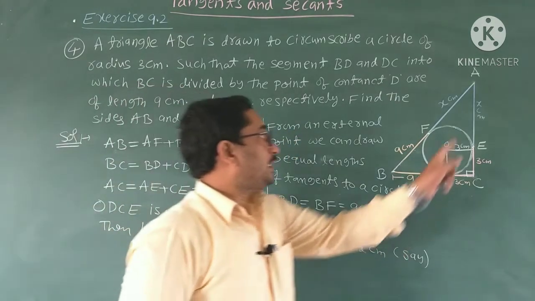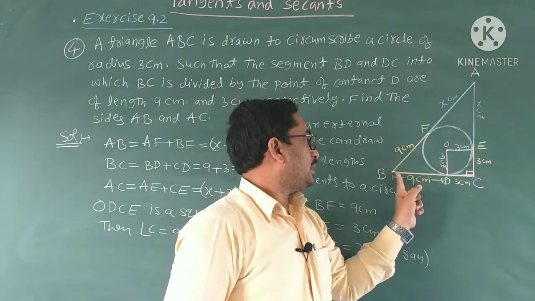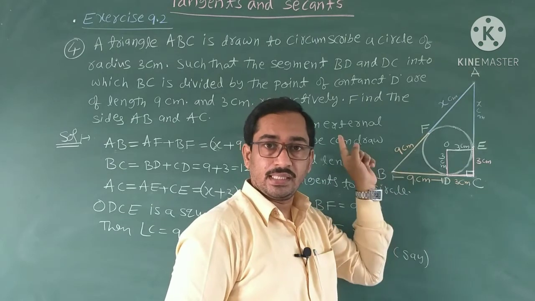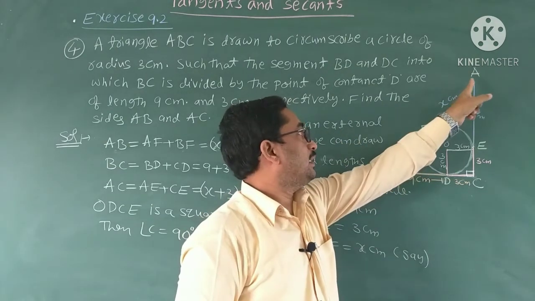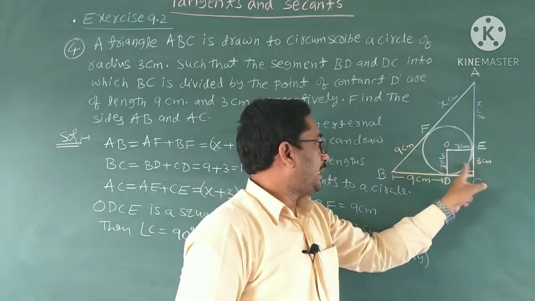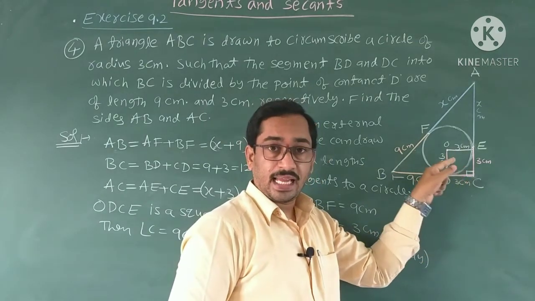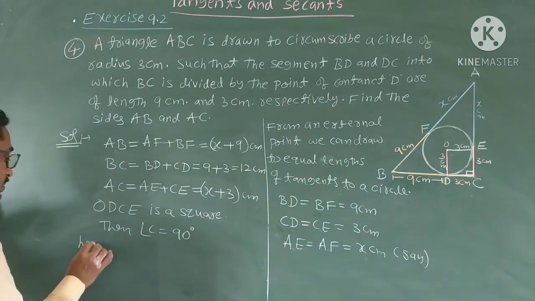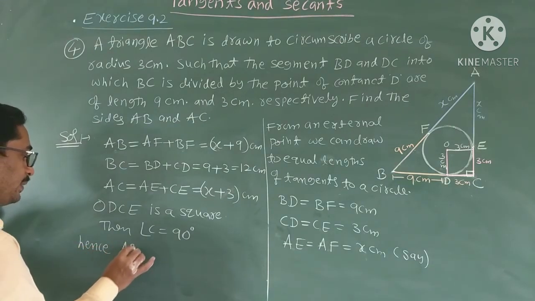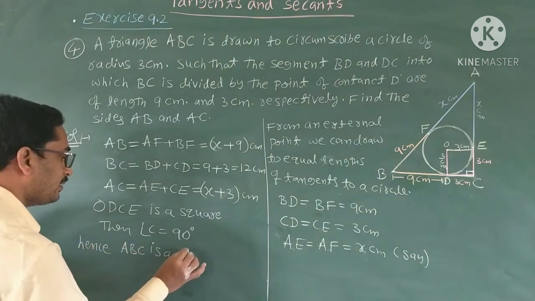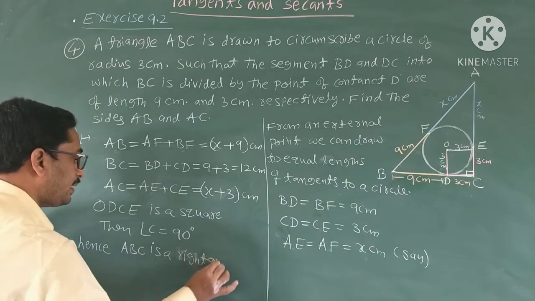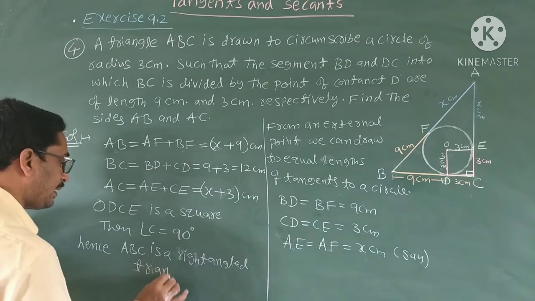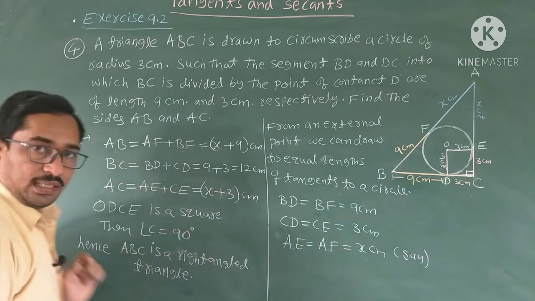Then observe, in triangle ACB, it is a right angle triangle, because in triangle ACB, angle at C is 90 degrees. Hence ABC is a right angle triangle. If it is a right angle triangle, then we can apply the Pythagoras theorem.